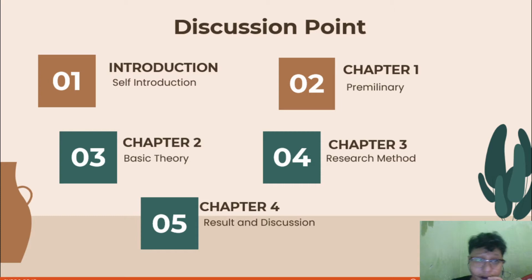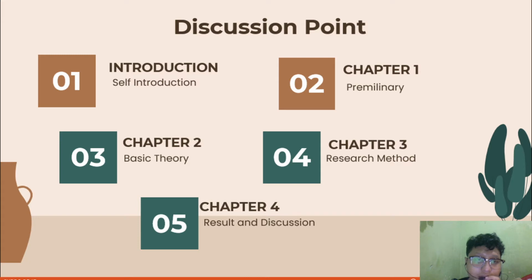This is the discussion point in the video. Now I will explain the content and discussion points. At first I will introduce myself, as I already did. The second is chapter 1, which contains my final project primer.